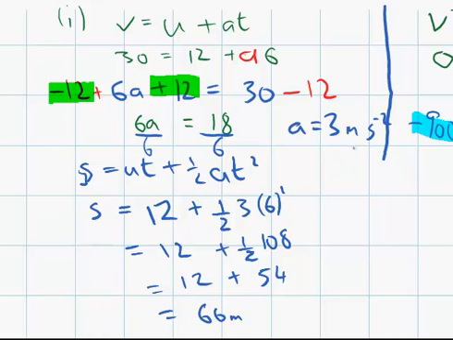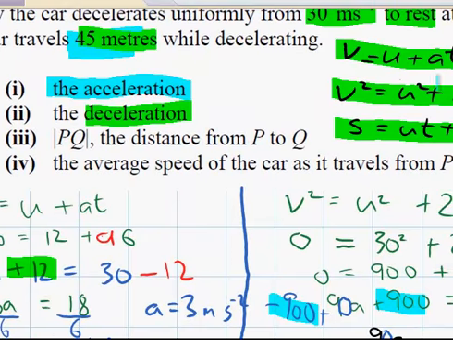Now we've got our distances. We've got 450, we've got 45 and 66.